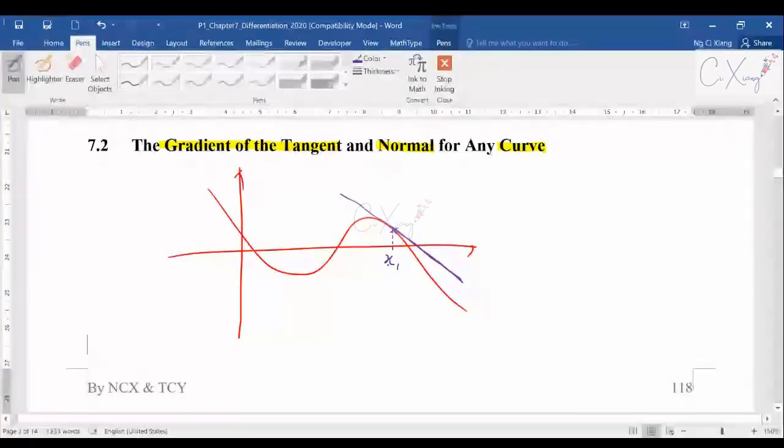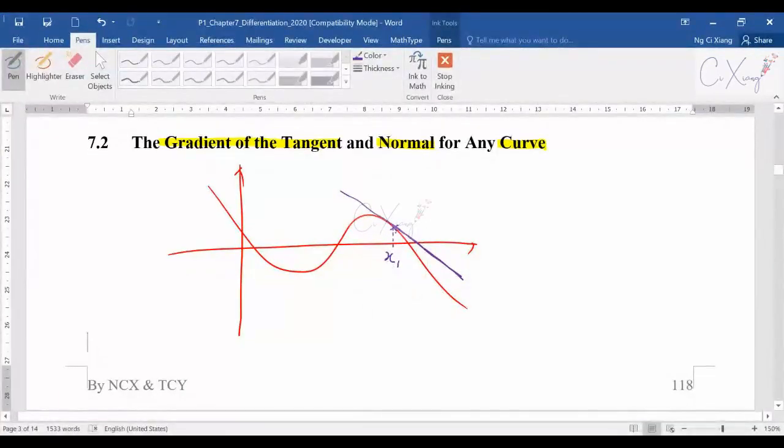Usually the x1 will be given in the question. Then you'll see that I can draw a line that touches the curve once, and this particular line we call the tangent.